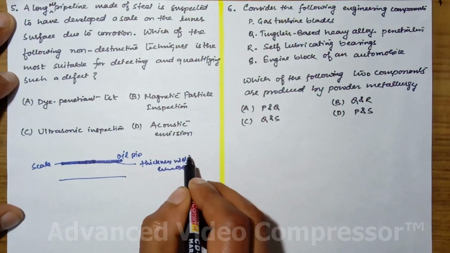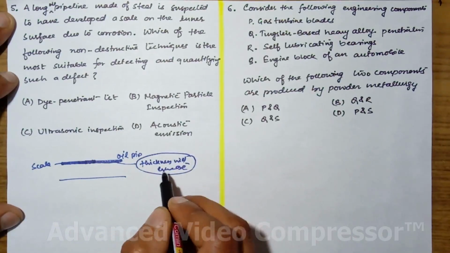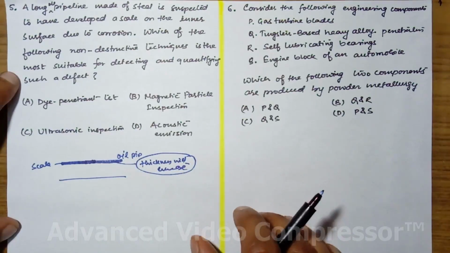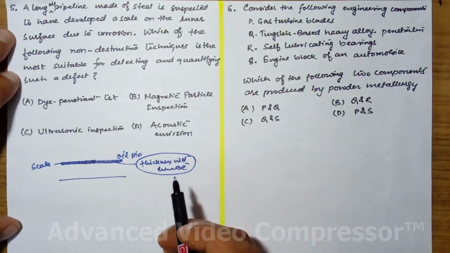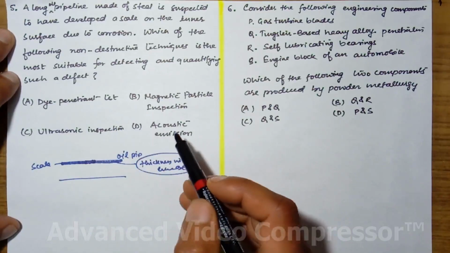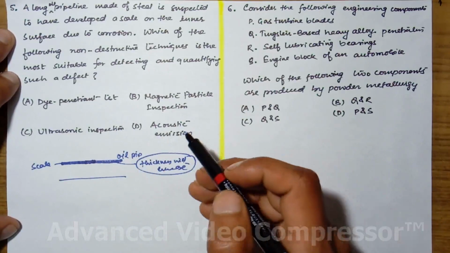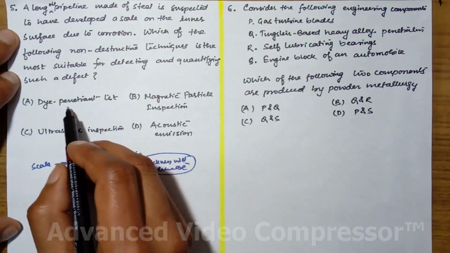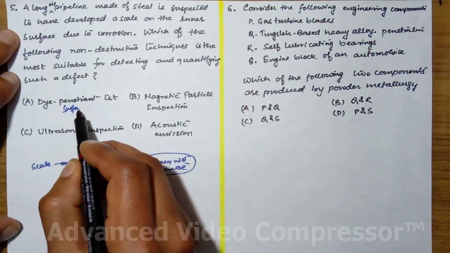So how can we detect this increase in thickness? We can detect it by a method which I will discuss. Now let us go option by option. Dye penetrant test is used only for surface defects.